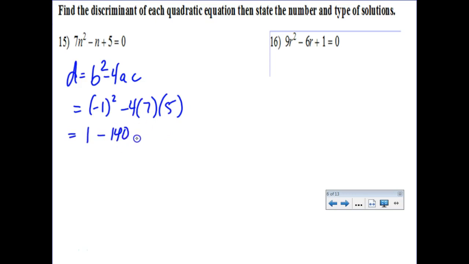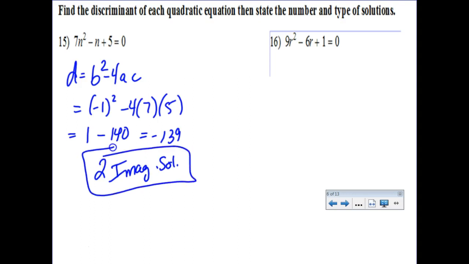So the discriminant comes out to a negative 139. But what that means for us is that we have a negative discriminant value, so we have two imaginary solutions or two non-real answers. So you can just say two imaginary solutions. I know what you mean by that. Alright, moving along.